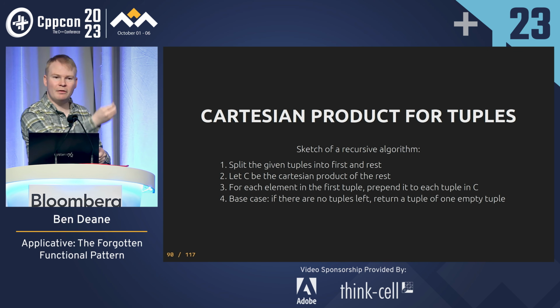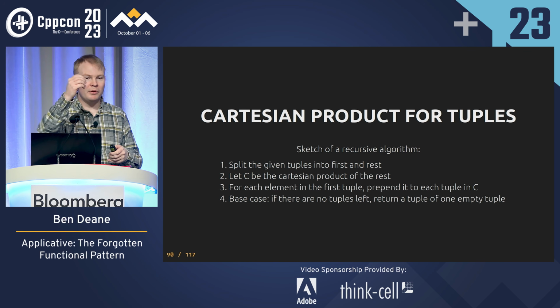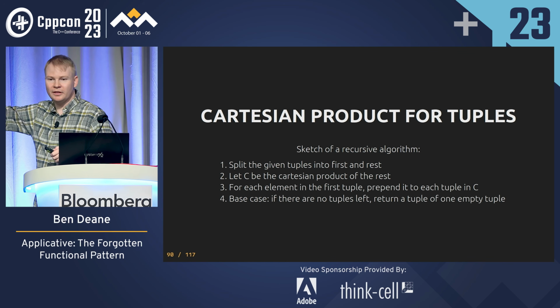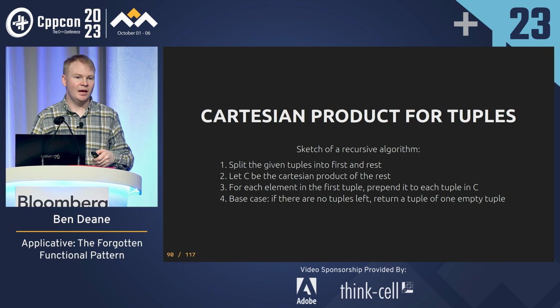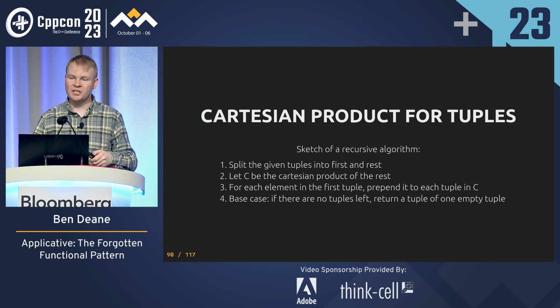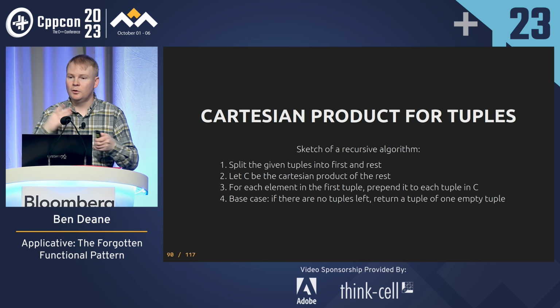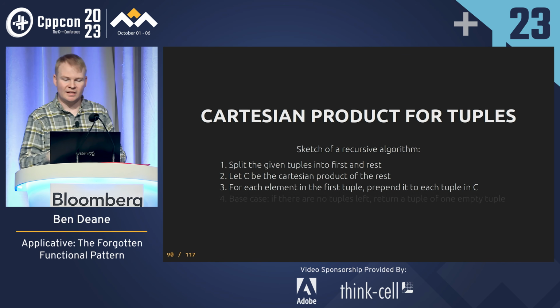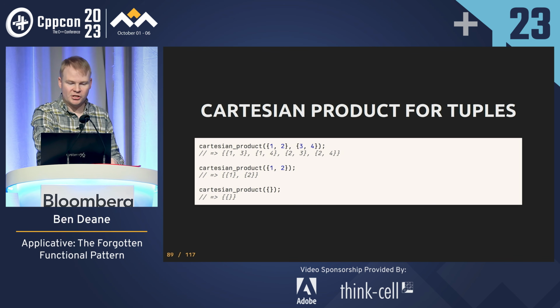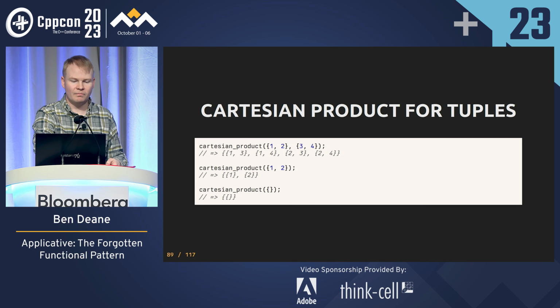We're going to take each element out of the first tuple and prepend it to each tuple in the rest that we got from the Cartesian product. And that's how the recursion proceeds. And then if there are no tuples left, we're actually going to return a tuple of one empty tuple, because that is the way that this shakes out in the recursive formulation.